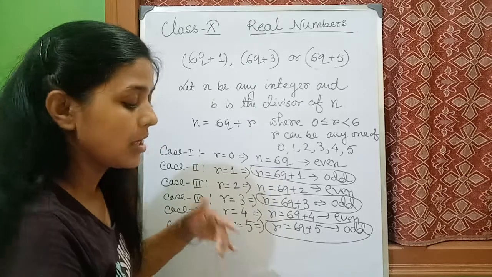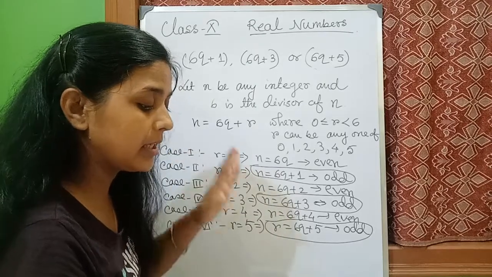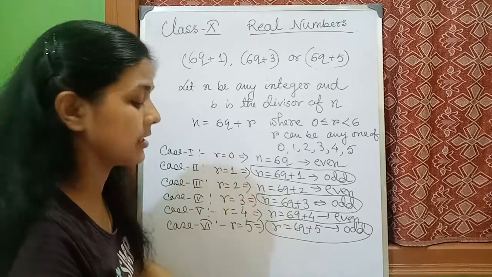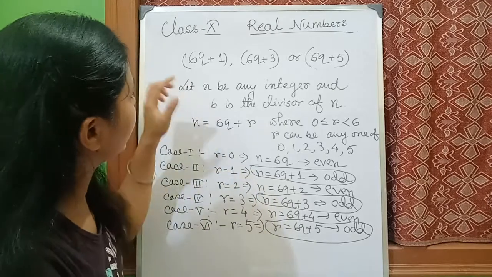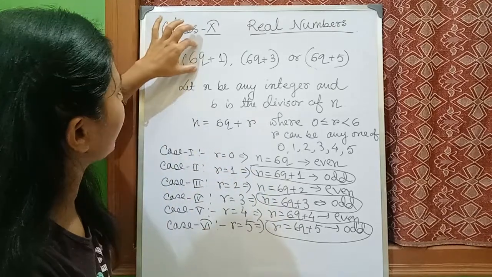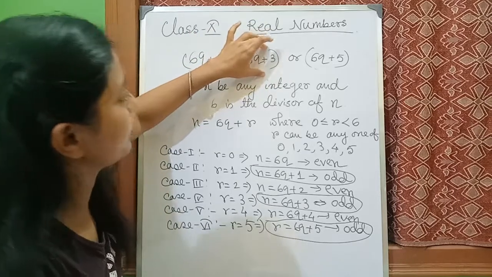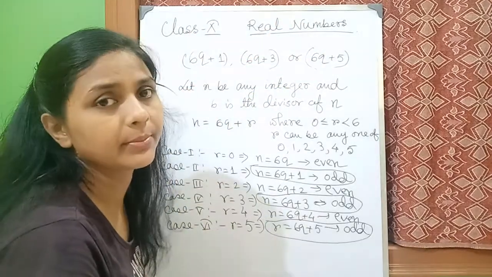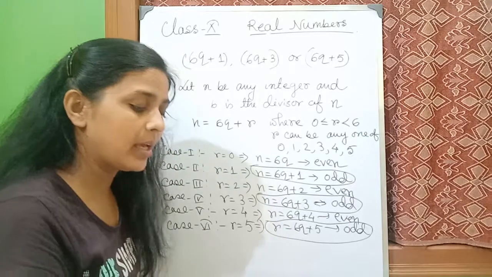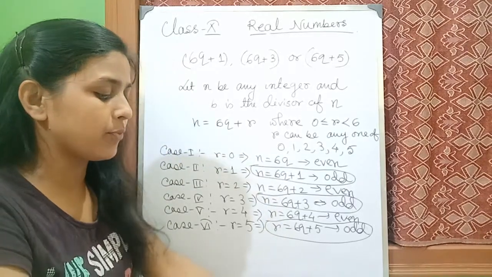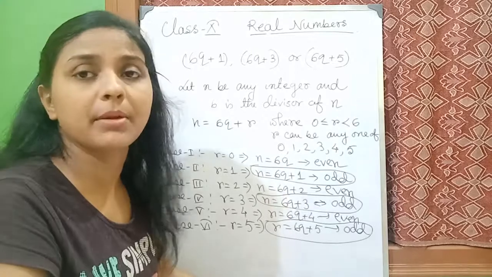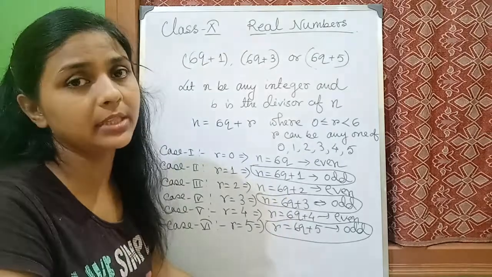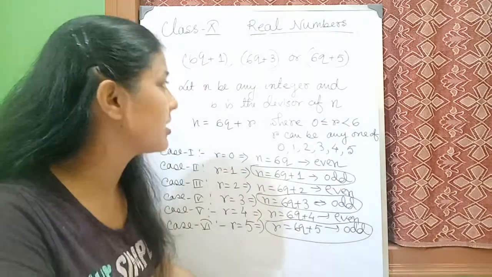Therefore, any positive odd integer can be written in the form 6q plus 1 or 6q plus 3 or 6q plus 5. In this way, you can do question number 4 and question number 5 of exercise 1.1, and you can practice for finding HCF from exercise 1.1 question number 1.